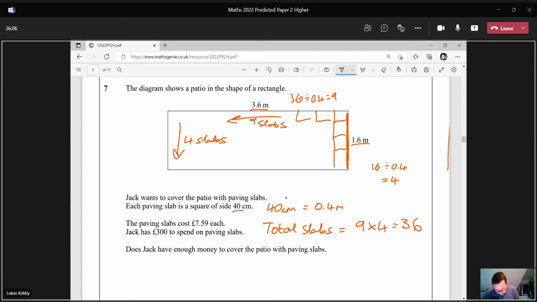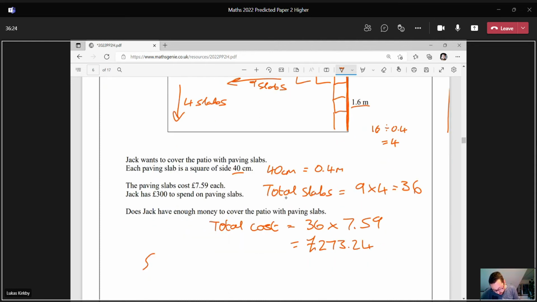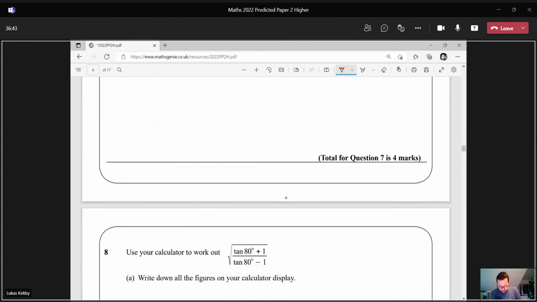Well, total cost is going to be 36 times £7.59. And that gives me £273.24. So Jack does have enough money, because he's got £300 and he only needs £273.24. We're doing alright so far, I think.